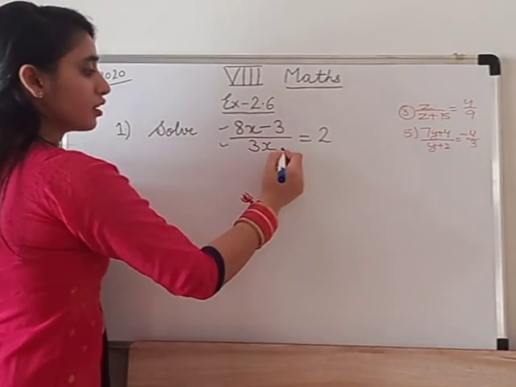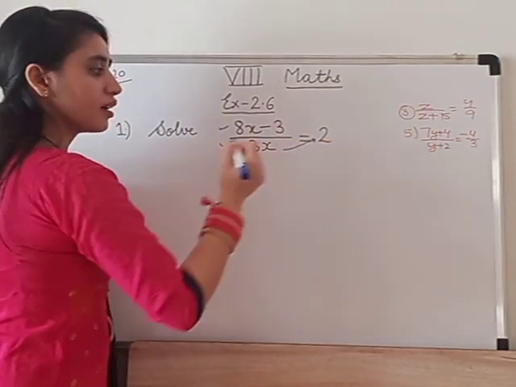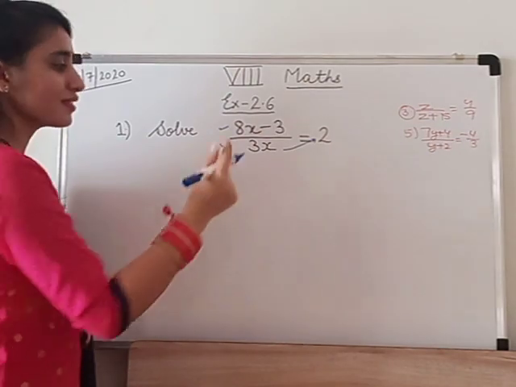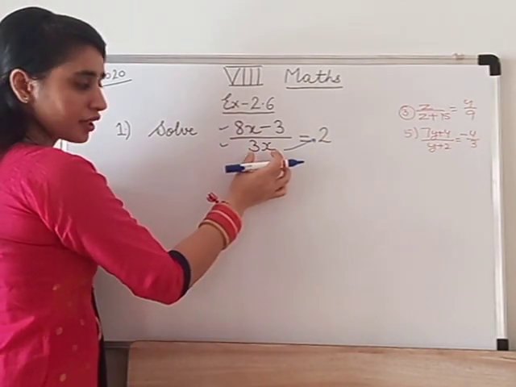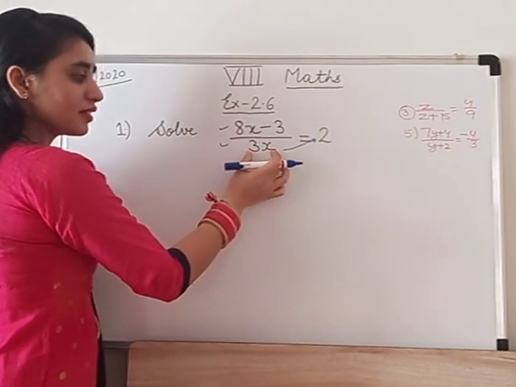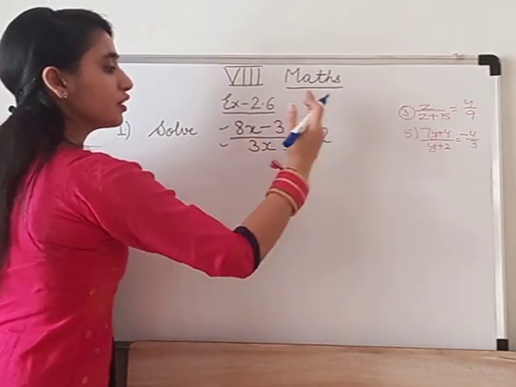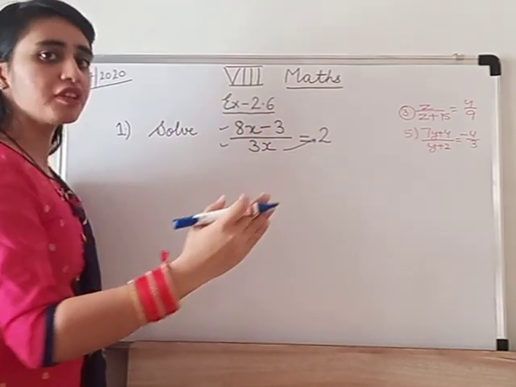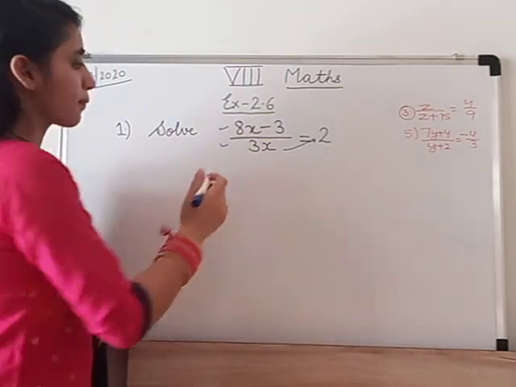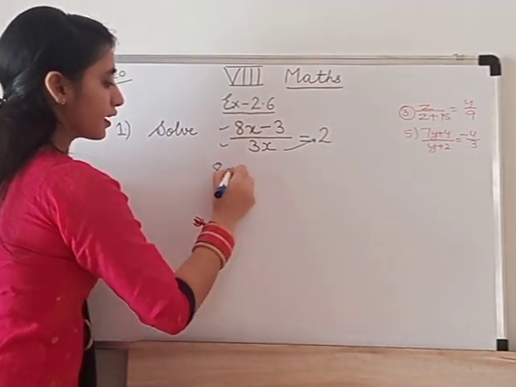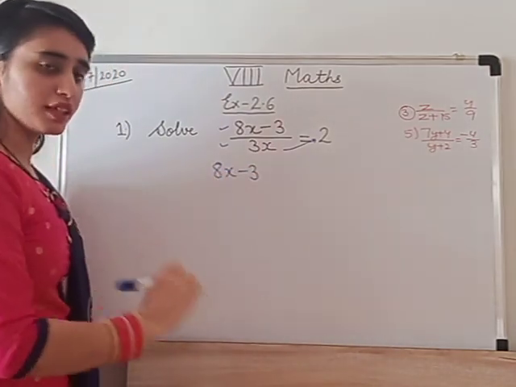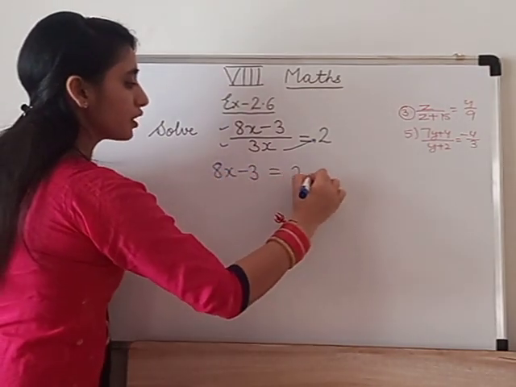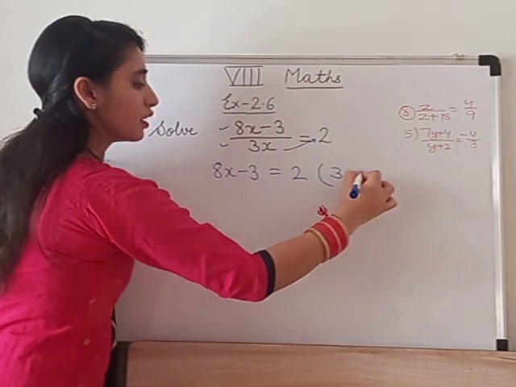First, shift this to the right side. This is in the denominator on the left side, which means it is in division. When we shift it to the right side, it is in multiplication with 2. Like this: (8x minus 3) in the numerator and 2 into 3x.